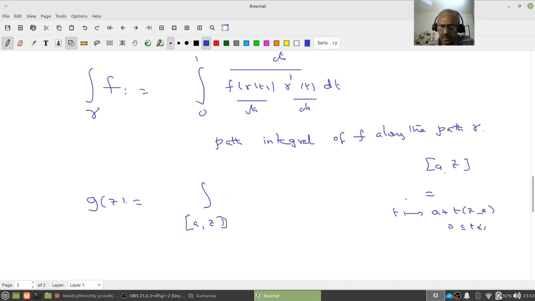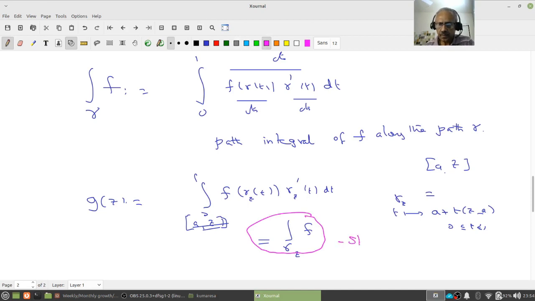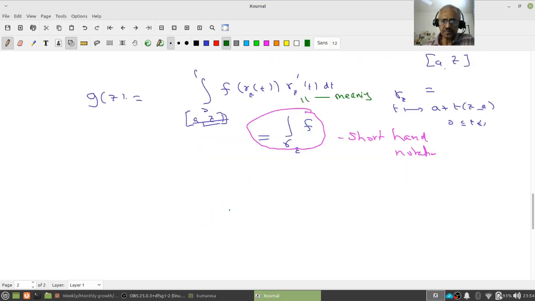If you want, call it path gamma z, therefore the integral of f of gamma z(t) times gamma z prime(t) dt from 0 to 1, or I will simply denote this by the integral of f over gamma z. This is a shorthand notation, and its meaning is this. What does the symbol stand for? It stands for this object.